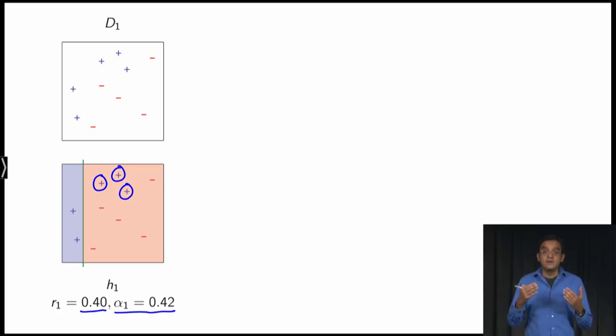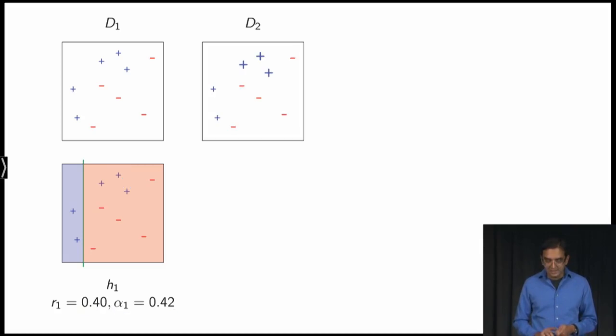Importantly, we are now going to reweight the data points. And we're going to place emphasis on these 3 points over here because these are the points we got wrong. So we create the reweighted data set D sub 2 in which there's a high weight on these 3 points. And now we feed this reweighted data to the weak learner.